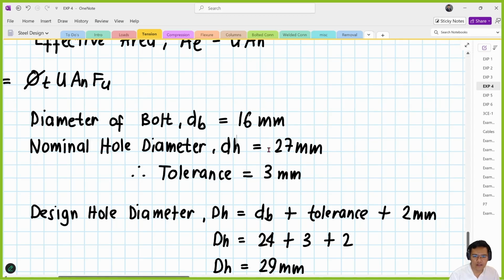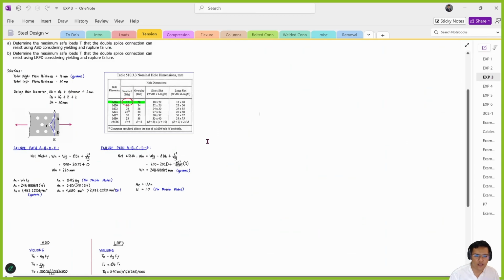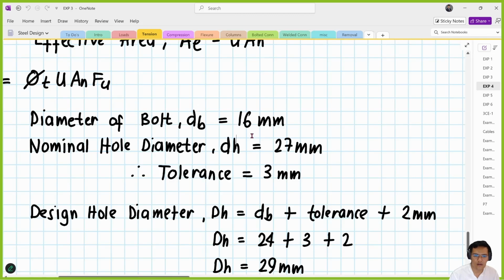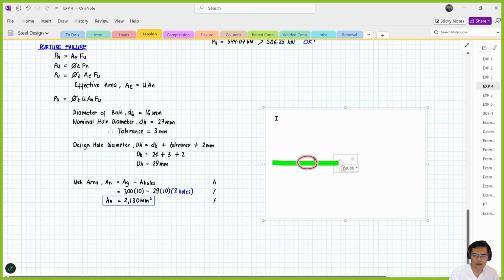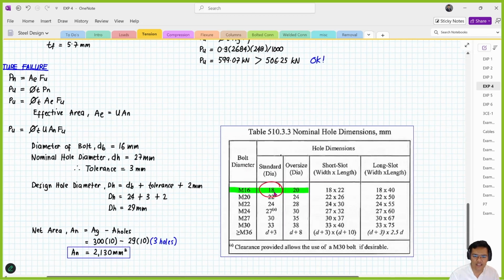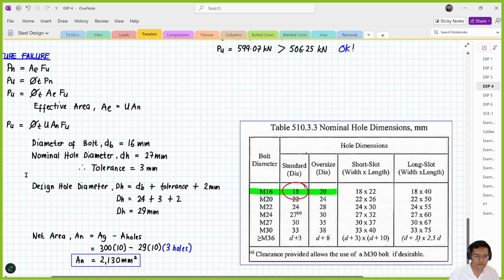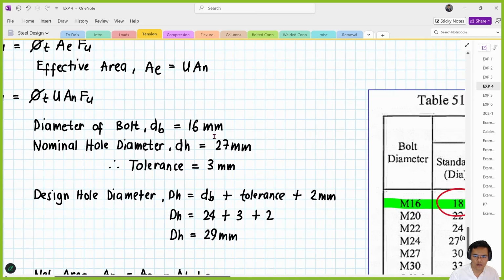Nominal hole diameter, D sub H, no? Corresponding dun sa table. So, ito yung table natin. Ayun, parehas pala. So, might as well copy this. For 16, standard, it's 18 mm. So, meaning, this is 18, no?